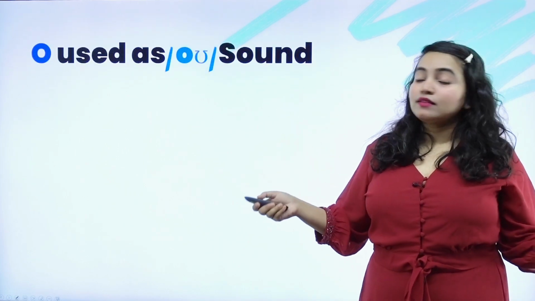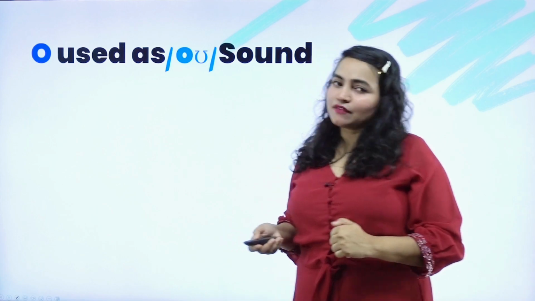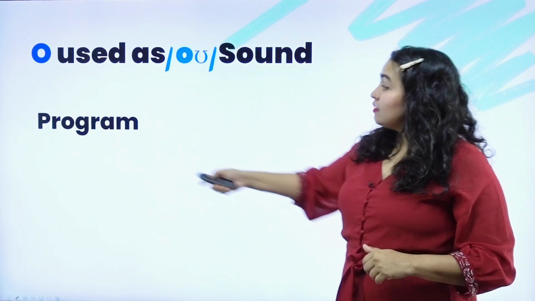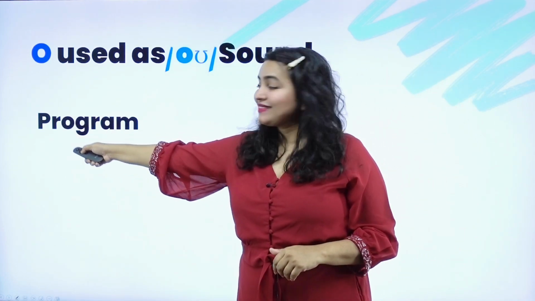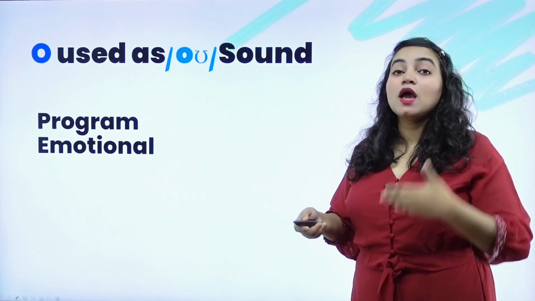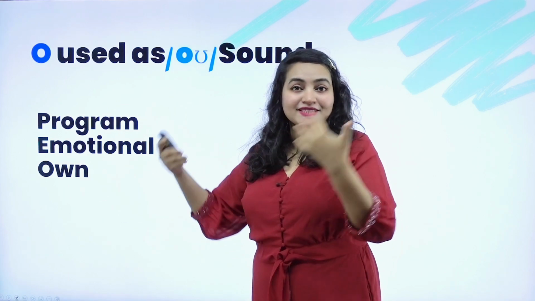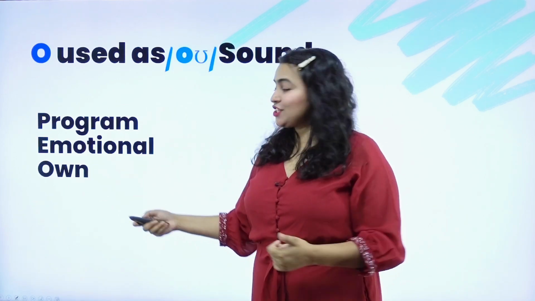All right then, let's look at O with the O sound, which is quite common, but let's have a quick look at them anyway. The first word, program. The next one, emotional. Say this after me, emotional. The next word, own. Own means to have something that belongs to you.